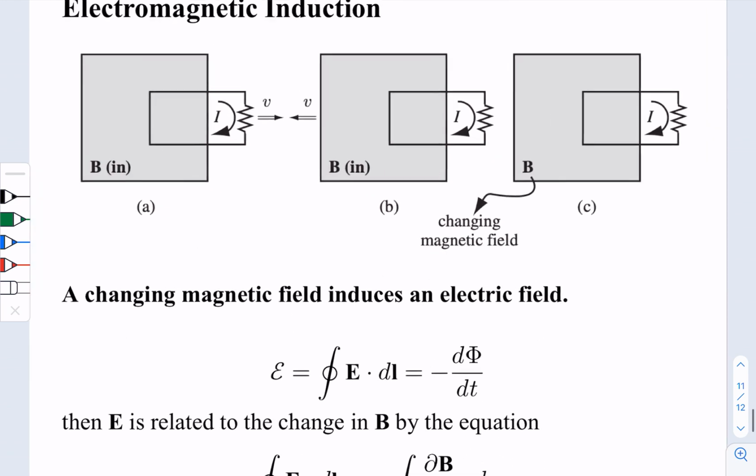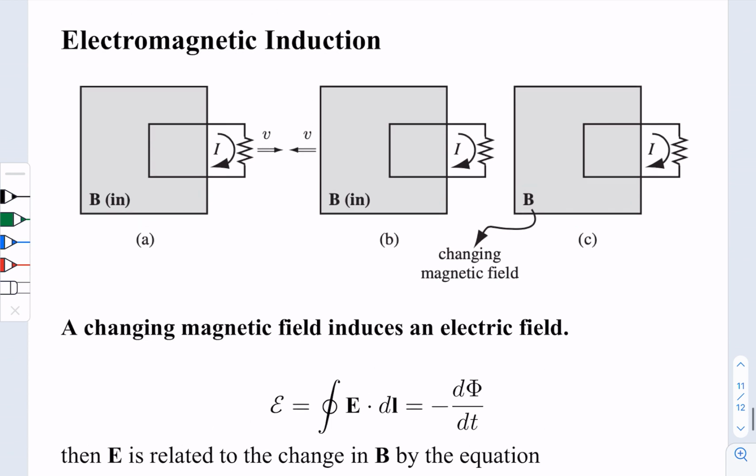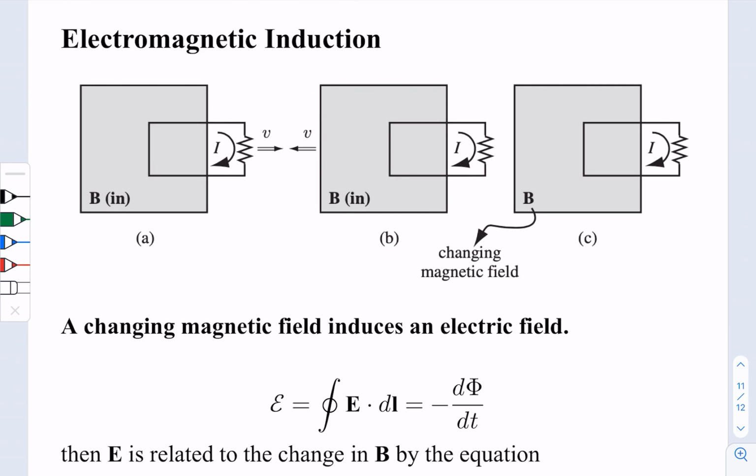Okay, so in the next lecture we will discuss electromagnetic induction. What we discussed in the lecture today is the EMF induced by the magnetic field, because we are moving the circuit here, and the movement of the charge inside of the circuit can be changed by the magnetic field.